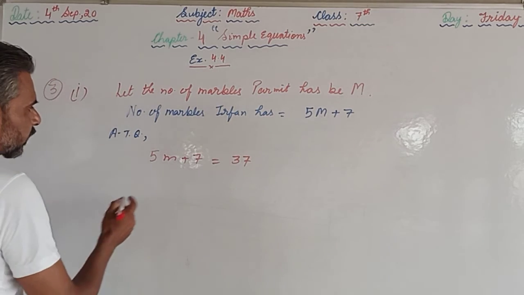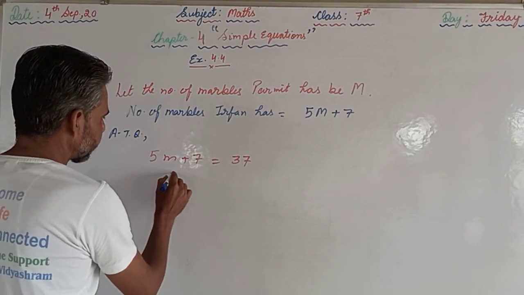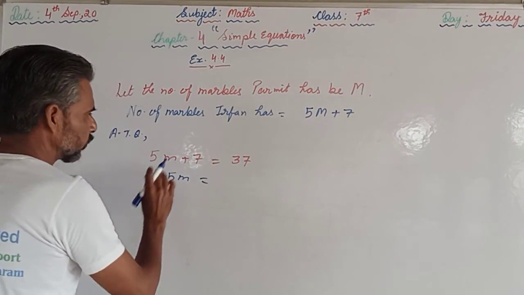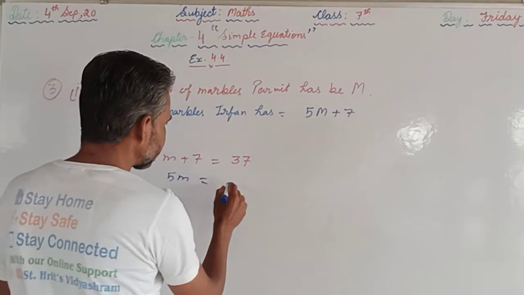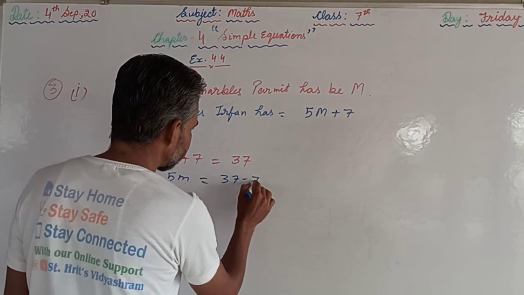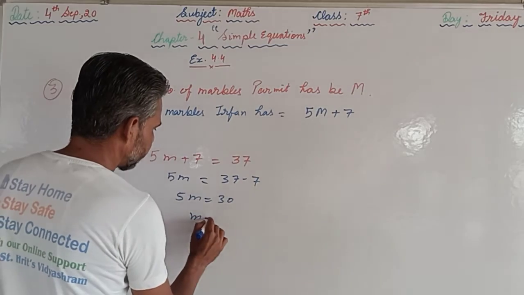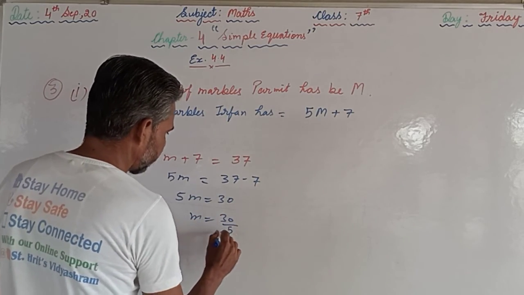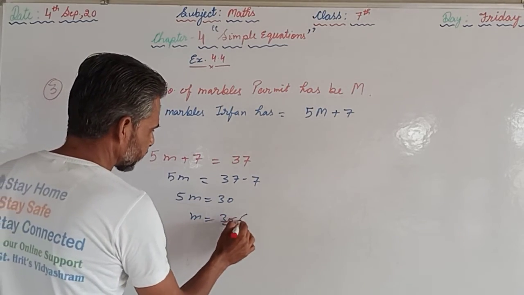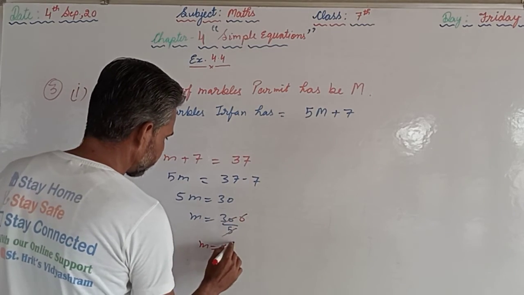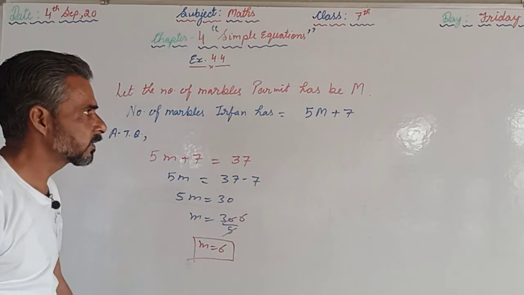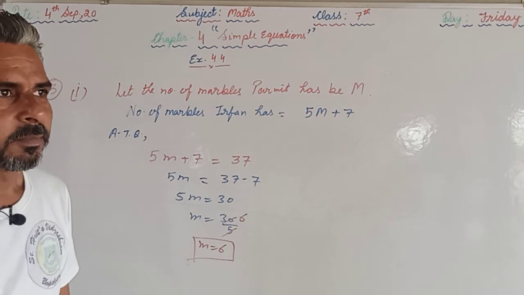So 5m plus 7 equals 37. From here we can find the value of m. We transfer plus 7 from the left hand side to the right hand side, so it becomes minus 7, and 5m is equal to 30, and m will be 30 upon 5. We cancel by 5, 5 6 is 30. So m is equal to 6. So Parmeet has 6 marbles.